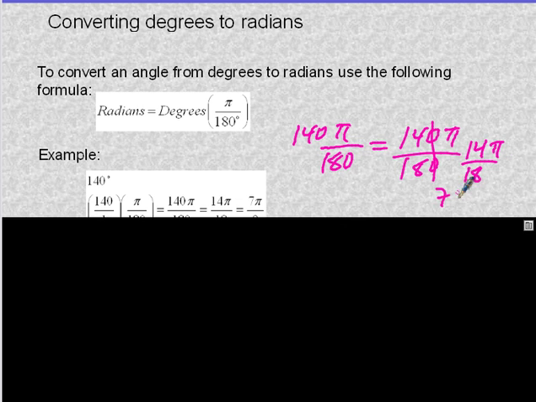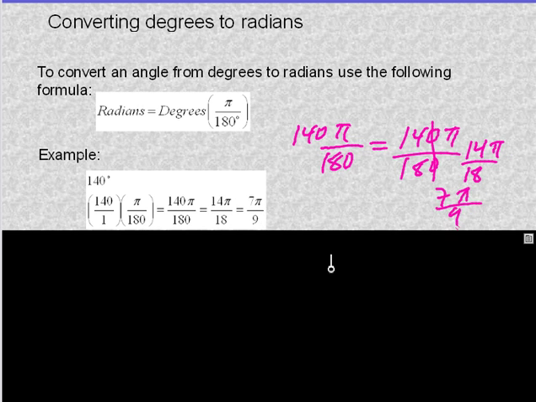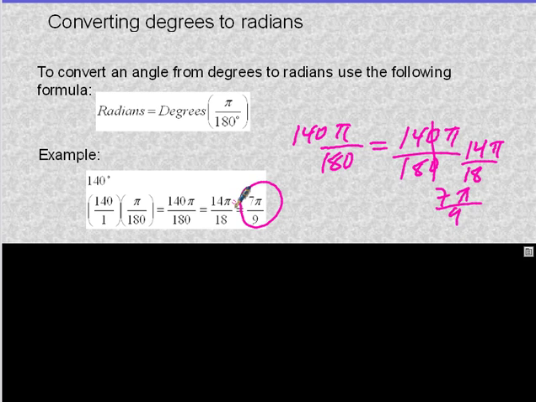That would be a great answer. Don't turn it into a decimal, especially if I say leave in terms of pi. That's how I would leave it. If I ask you to round to the hundredth or some decimal, then obviously you're going to put that in your calculator and round it.